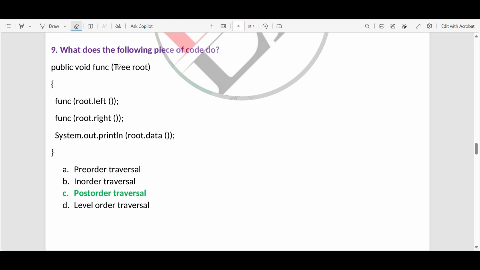So let me erase it once. And this will be root, right? So this is left, and this is right, and this is root. Okay, this is root.